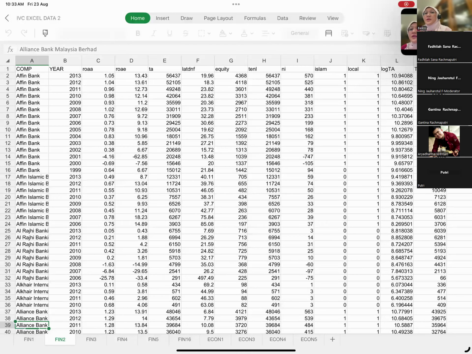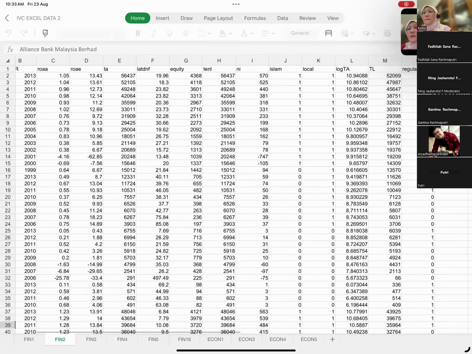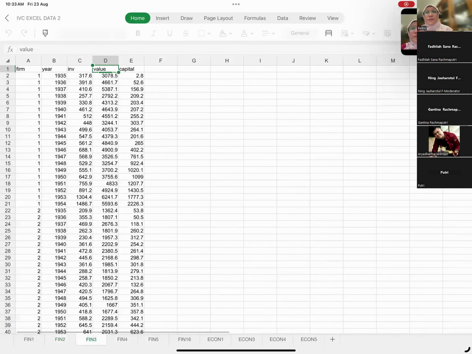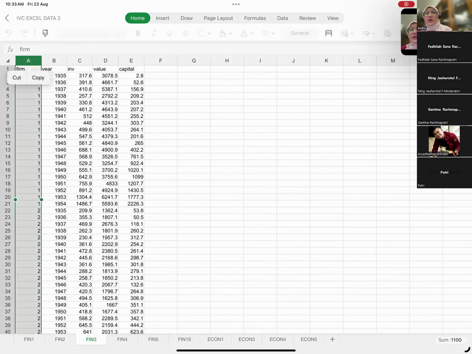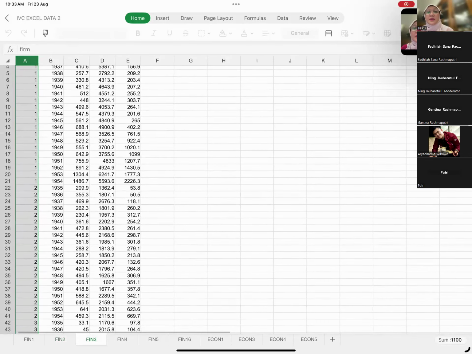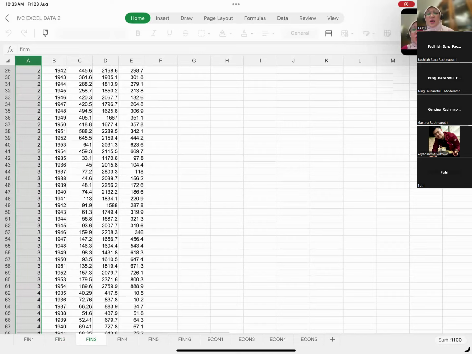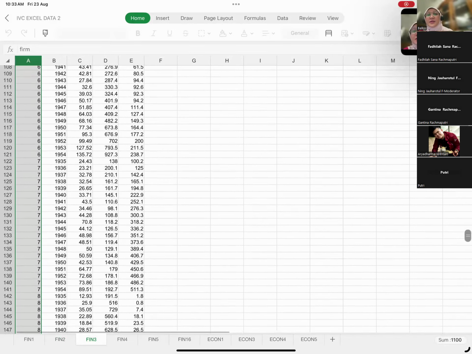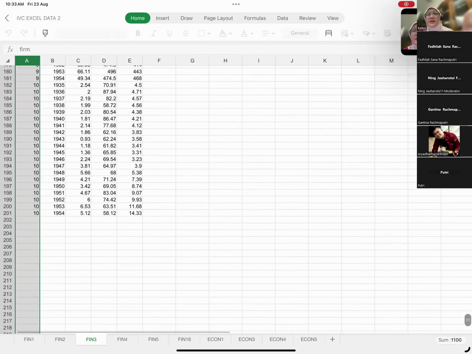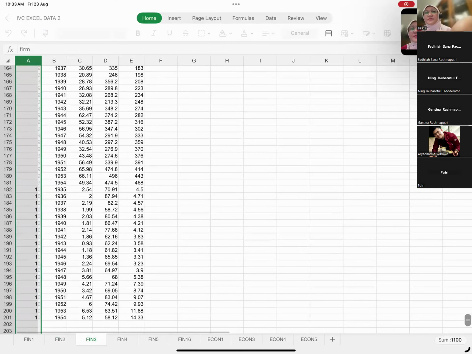So for example, in this case, under A column, A column are all the companies identified by numbers, number 1, number 2, until the last data, number 10.